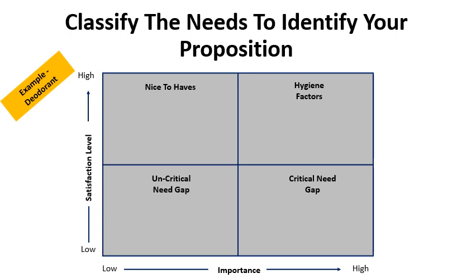Some needs are hygiene factors, which means they are very high on importance, but all brands are satisfying them. So you need to have them, and not having them is a problem, but having them will not give you differentiation or a right to succeed.